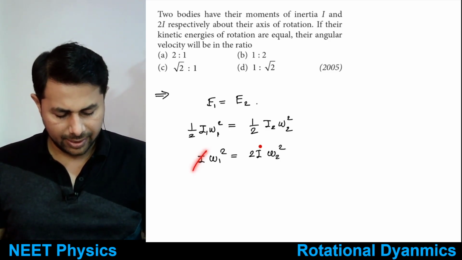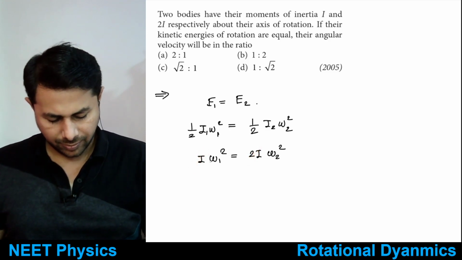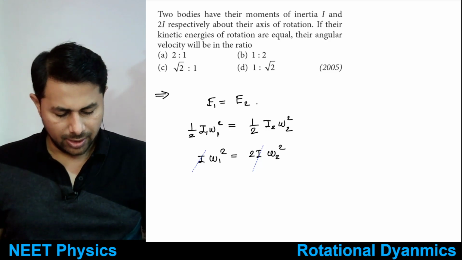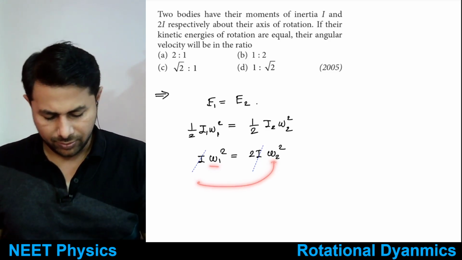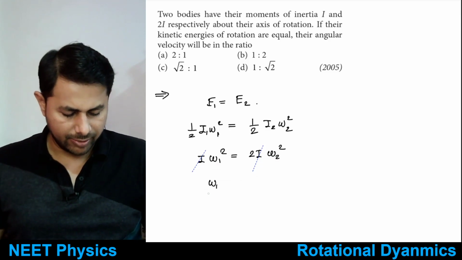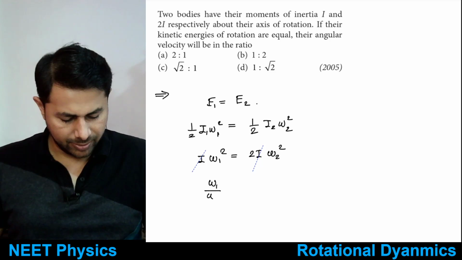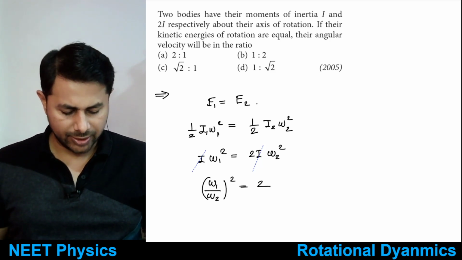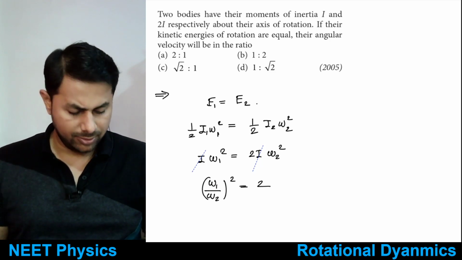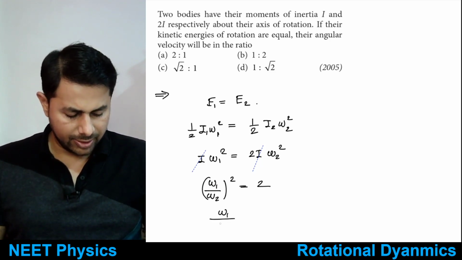So then I and I get cancelled out, and you get omega 1 square by omega 2 square is equal to 2. Therefore, what's the ratio of omega 1 to omega 2? So omega 1 is to omega 2 is just root 2 is to 1.